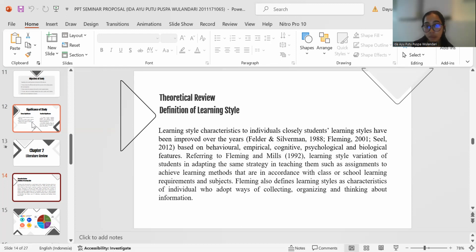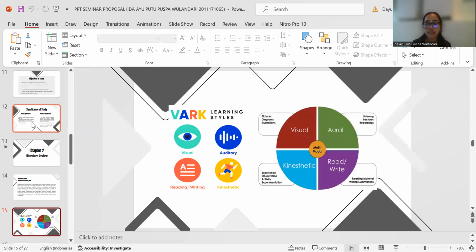Referring to Fleming and Mills, 1992, learning style variation is the students adapting the same strategy in teaching them as an assignment to achieve learning methods in accordance with the classroom or learning requirements and subject. And Fleming also defines learning style as the characteristic of individuals who adopt ways of collecting, organizing, and thinking about information. Well, this is for learning style.